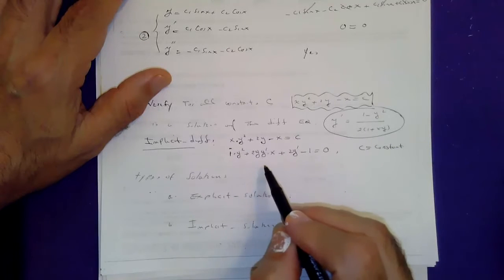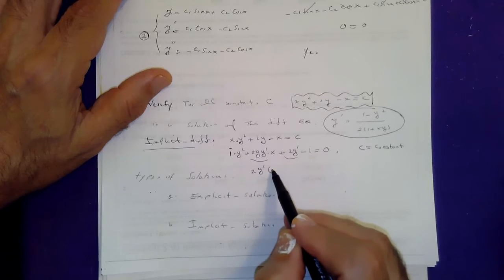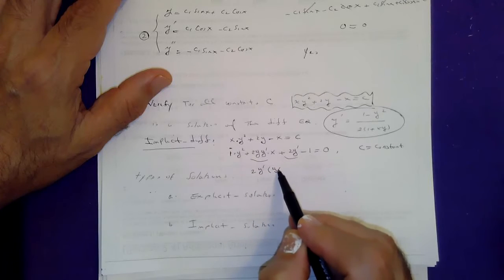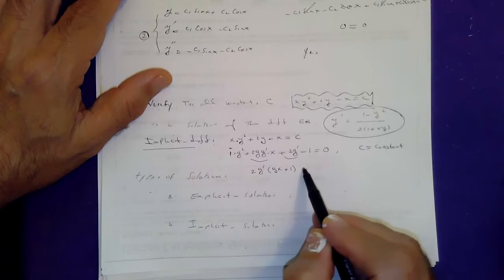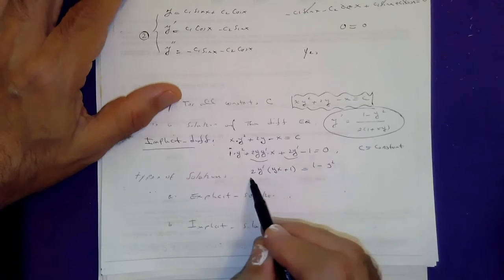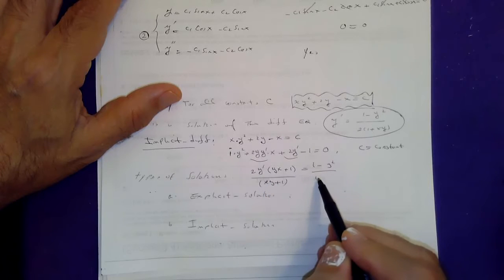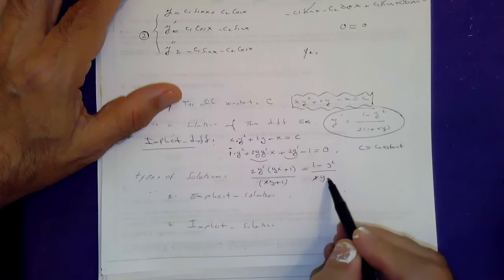Now I'm going to factor out 2y prime, so I get 2y prime times xy plus 1. Move the 1 over, and move this over. Then I'm going to divide both sides by 2 times xy plus 1.